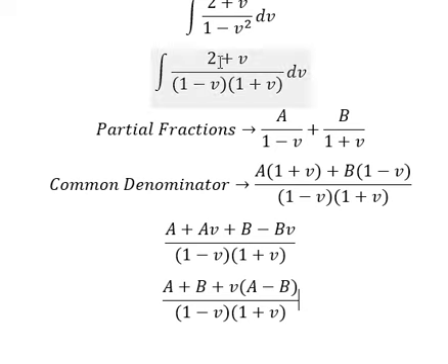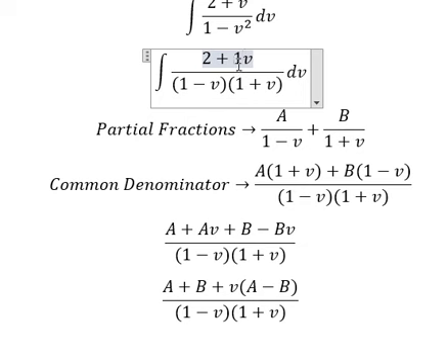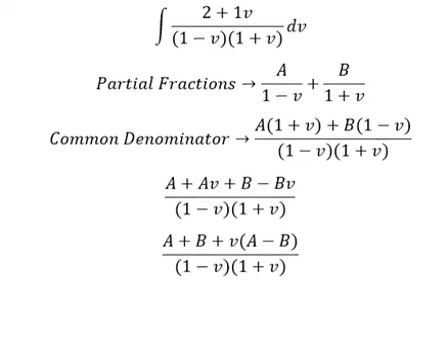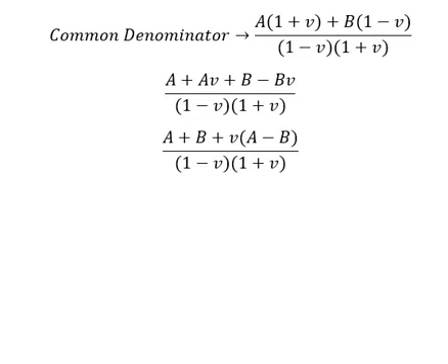So we see that we need to compare coefficients. About this one, we have 1. So A minus B equals 1. This one equals 2. And now we create the system of equations.